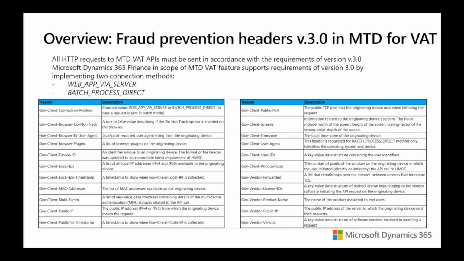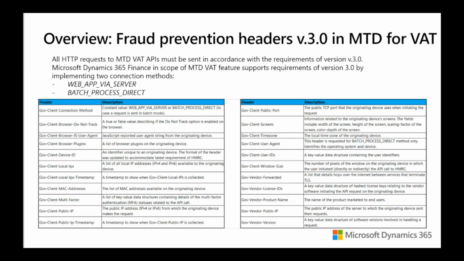As you can see from the list, this set of specific types of user audit data is, in fact, 21 different parameters. These include parameters of the user browser, like, for example, whether the do not track option is enabled on the user browser or not, or a list of browser plugins, or user device parameters like time zone, window size, and screen size.